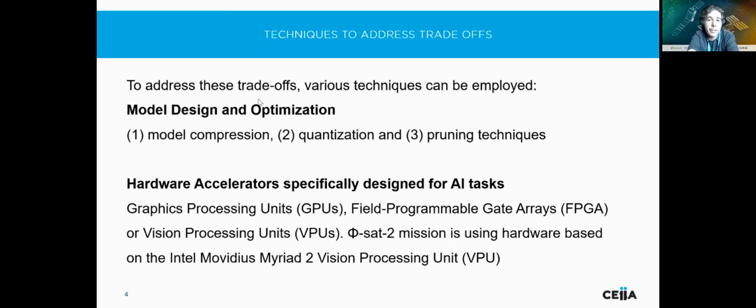Another way to address these trade-offs is by using hardware accelerators, specially designed for AI tasks. Hardware such as GPUs, field programmable gate arrays, or vision processing units as the one based for the VSAT2 mission. So model optimization techniques and hardware choices play a crucial role in achieving a balance that meets the specific requirements for satellite systems.